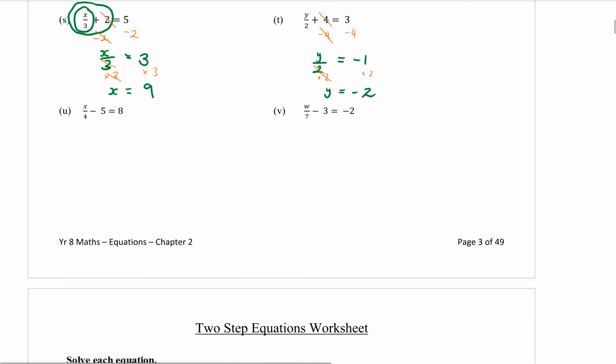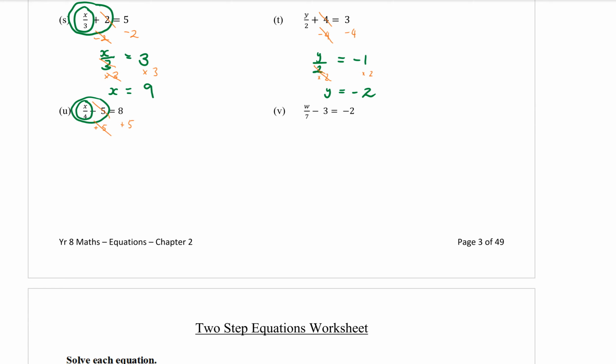So these ones are very similar, it's just that we have that subtraction in there. So my center layer is the x over 4, and the minus 5 is the outer layer. So it's a minus 5, so the opposite is to plus 5 to get rid of that.